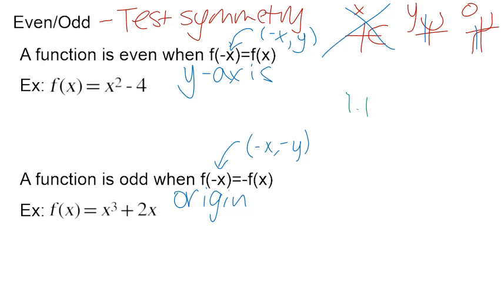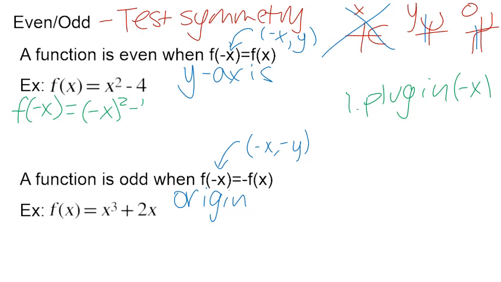I'll write that over here. Step 1, plug in negative x. Okay, so for this first one, if I have f of negative x, that would be equal to negative x squared minus 4. So that would be x squared minus 4.